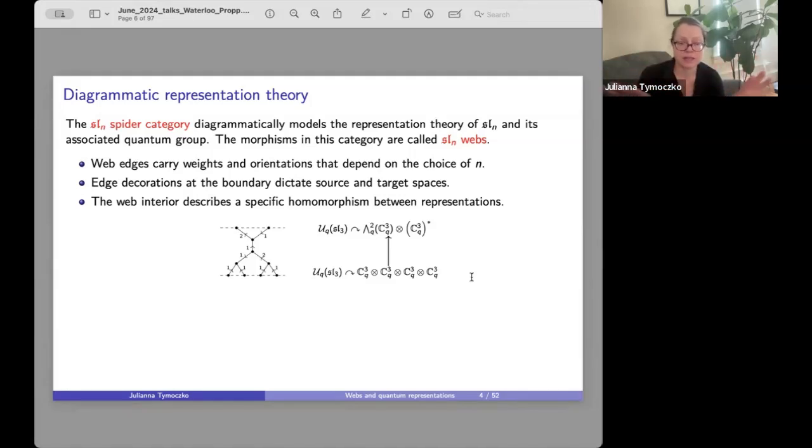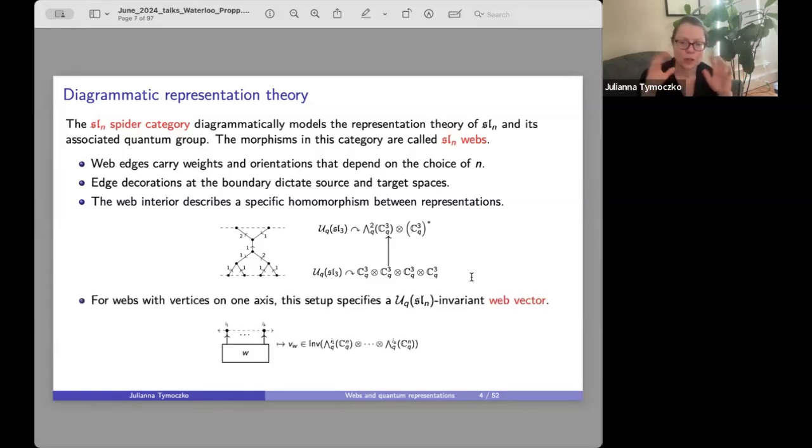So here's a specific example. I will speak a little bit vaguely, and then in a few slides, explain why, in two ways. If you've got a web where all of the vertices lie on one axis, that indicates that you have some kind of invariant action.